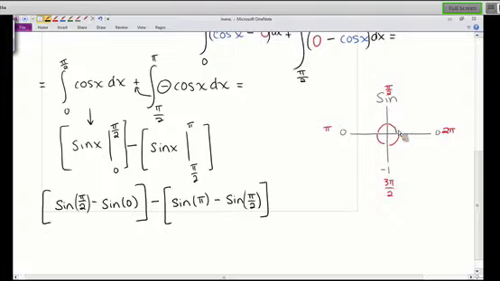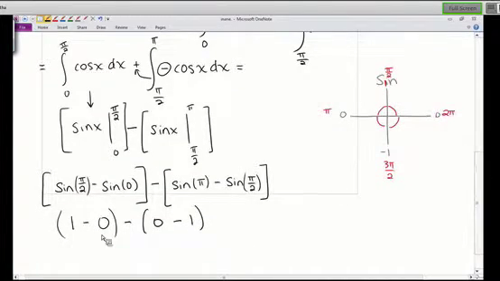Now sine of pi over 2 is going to be 1. Minus sine of 0, which will be 0. Keeping this inside. Minus sine of pi is going to be 0. Minus pi over 2, which is going to be 1.